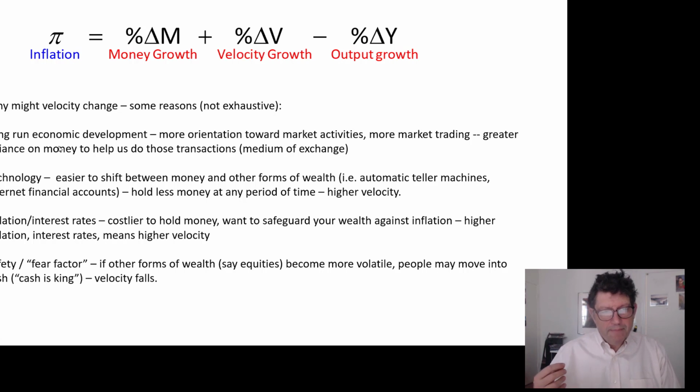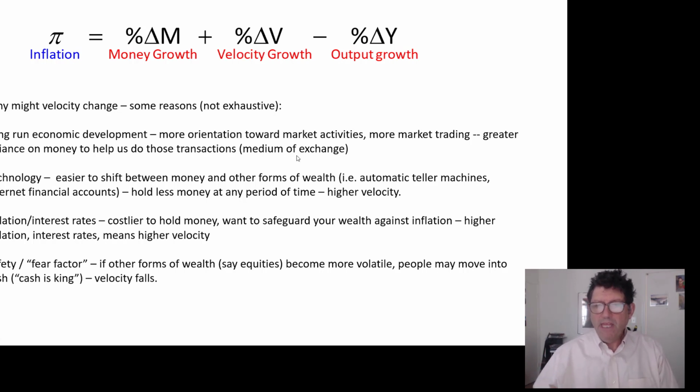First of all, from a longer historical perspective, long-run economic development: as countries over time orient themselves more towards market activities, away from just household activities, as they develop from a very low level of market orientation to a more modern economy, that means you're going to be involving more market trading, and you will have to rely more on money to help you do these transactions.